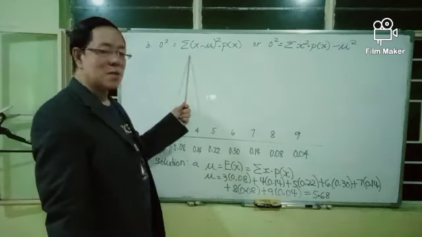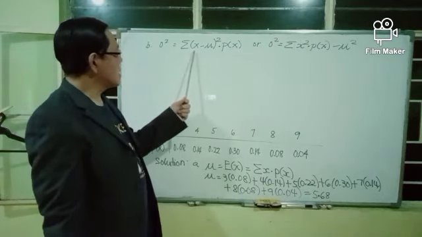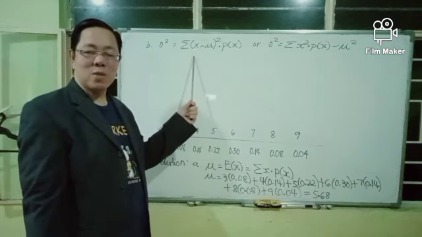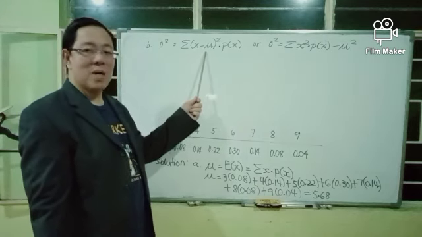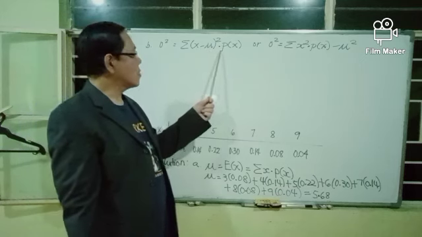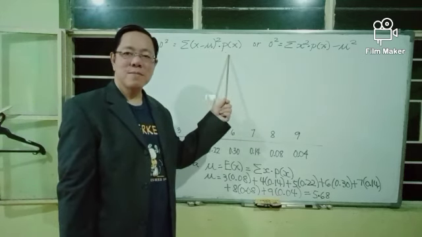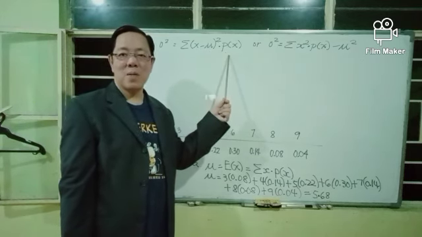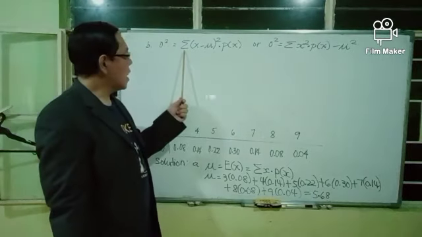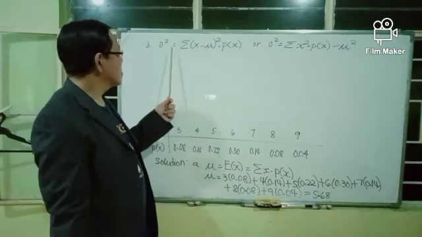We start by using this formula. We take the square of the difference between each value of x and the expected value of x and multiply that by the corresponding probability of x, and we add the products.